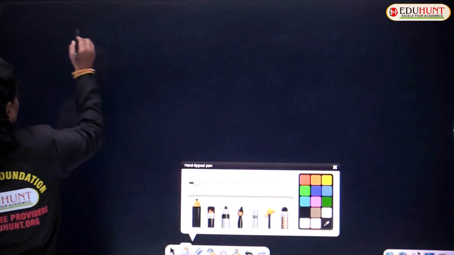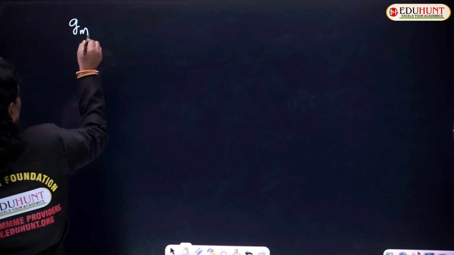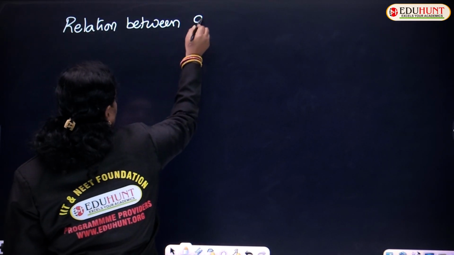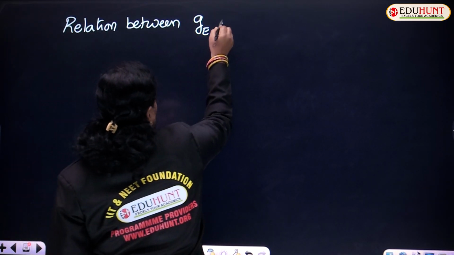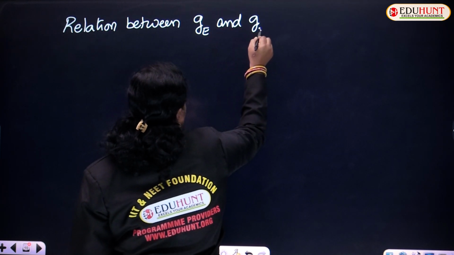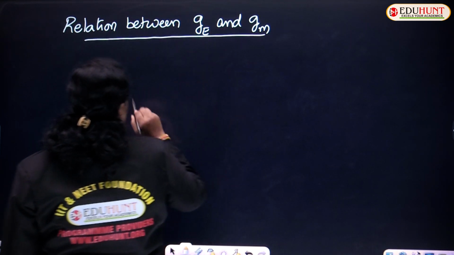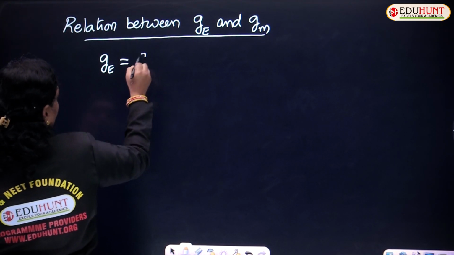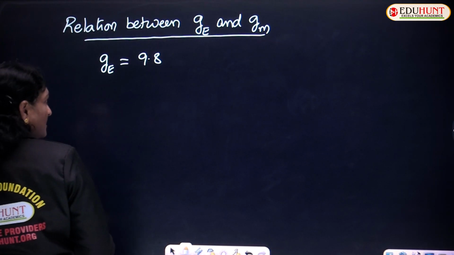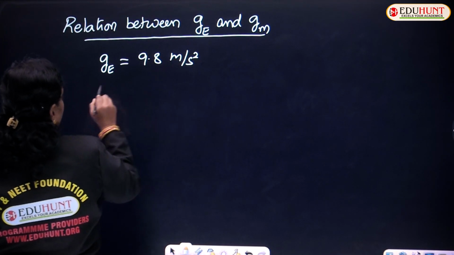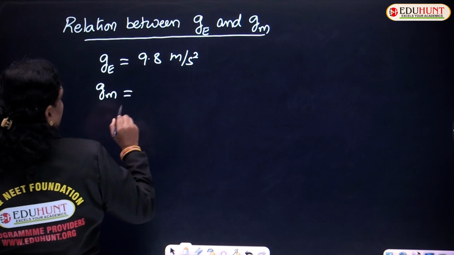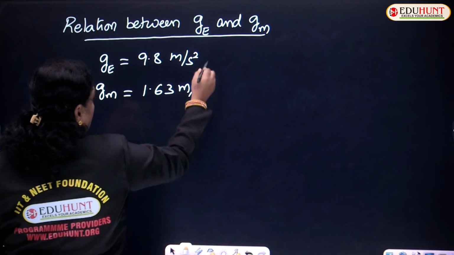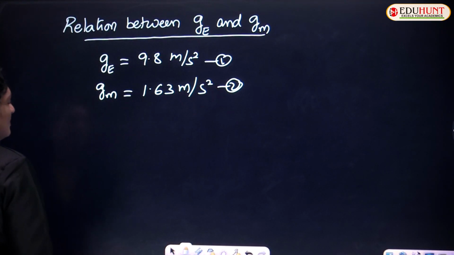The value on the surface of the earth is 9.8 meter per second square, whereas on the surface of the moon it is approximately 1.63 meter per second square. Equation 1 and equation 2.